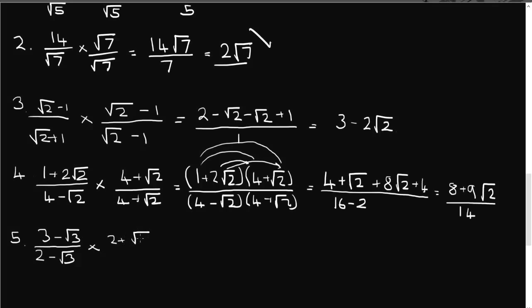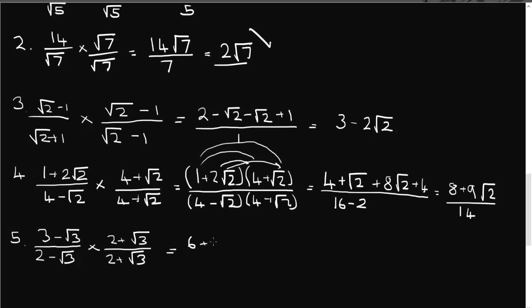So we multiply top and bottom by 2 plus root 3, that's the conjugate of 2 minus root 3. So top and bottom by 2 plus root 3. So at the top we've got 3 minus root 3 multiplied by 2 plus root 3.